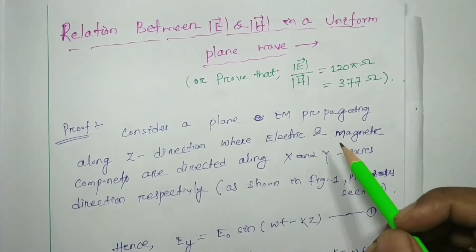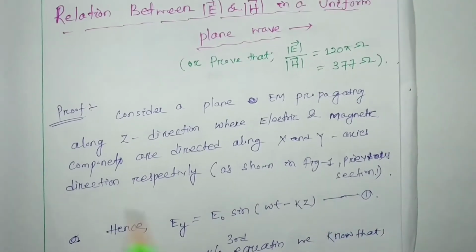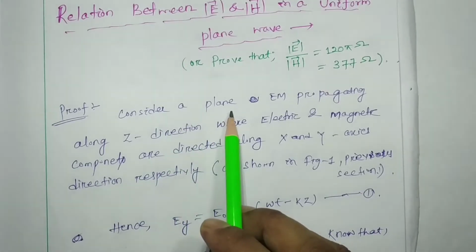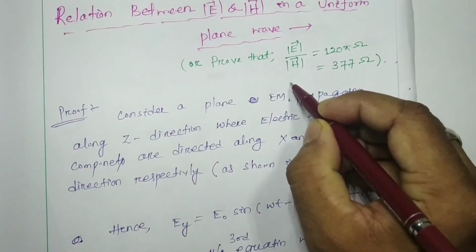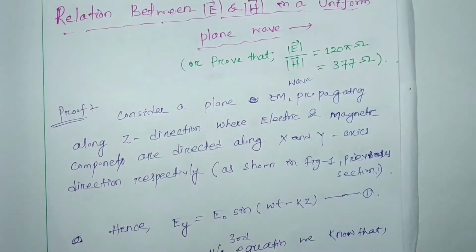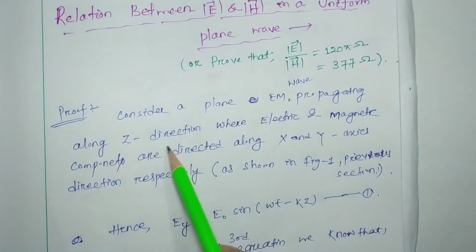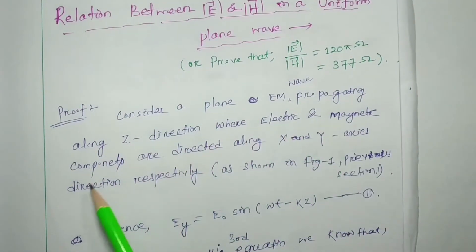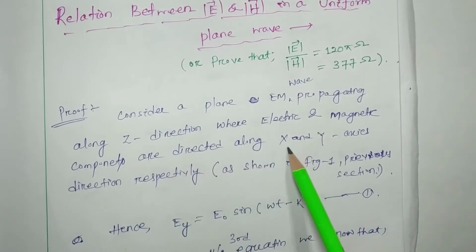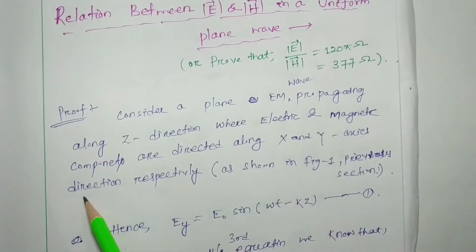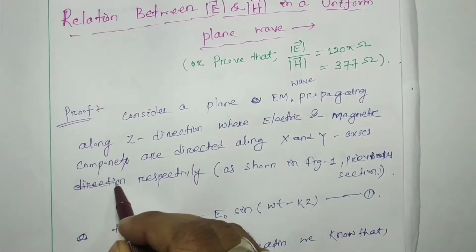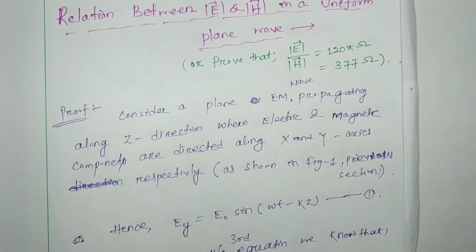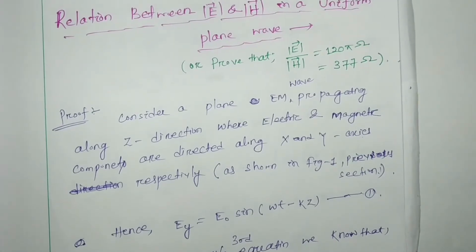How are we going to prove it? Let's start here. Consider a plane electromagnetic wave, EM wave, propagating along the Z direction, where the electric and magnetic field components are directed along the X and Y axes respectively, as shown in figure 1 in your previous section.